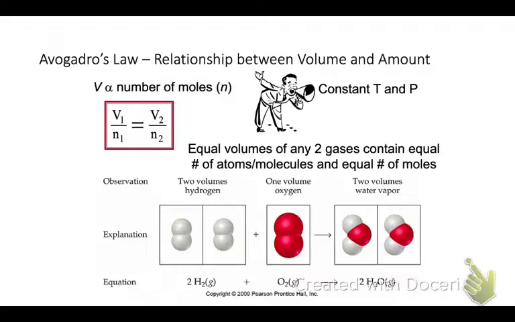Normally, I read the equation as 2 moles of hydrogen react with 1 mole of oxygen to give me 2 moles of water. But since what happens to the moles happens to the volume, as long as pressure and temperature are constant, I can instead say 2 liters of hydrogen react with 1 liter of oxygen to give me 2 liters of water at constant pressure and temperature.